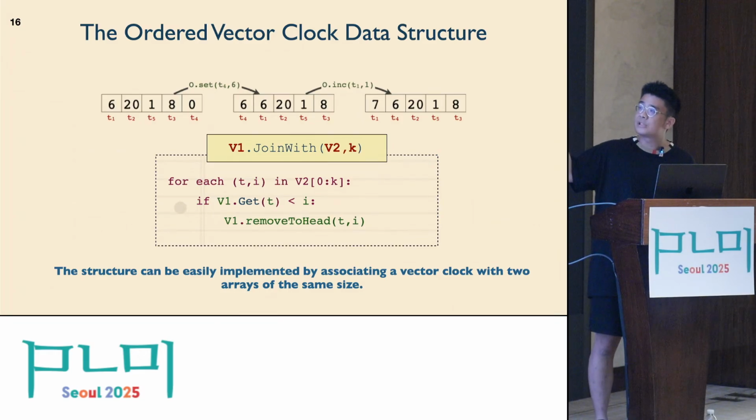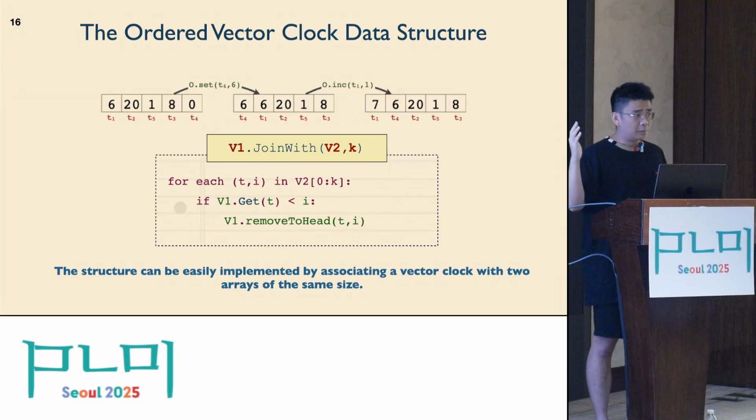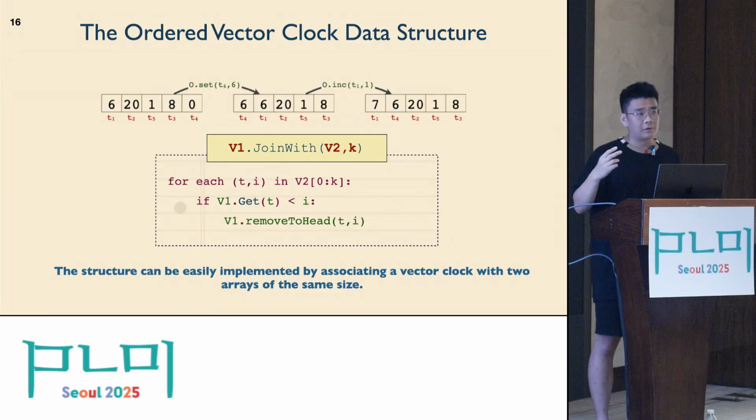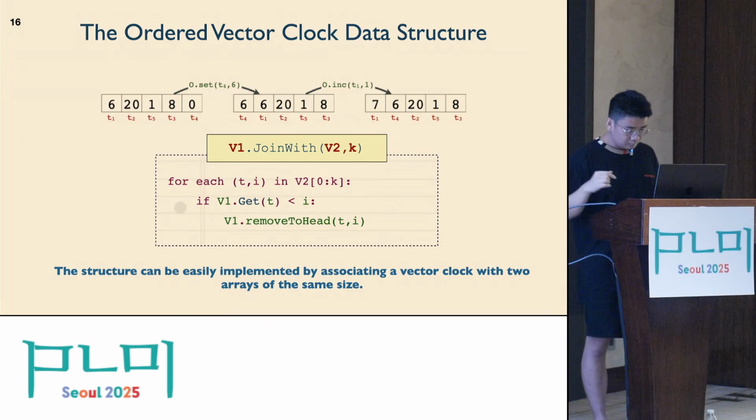So the way we achieve this is by enhancing the vector clock algorithm with ordering information. We associate the vector clock with two arrays that store the order in which the entries get updated.